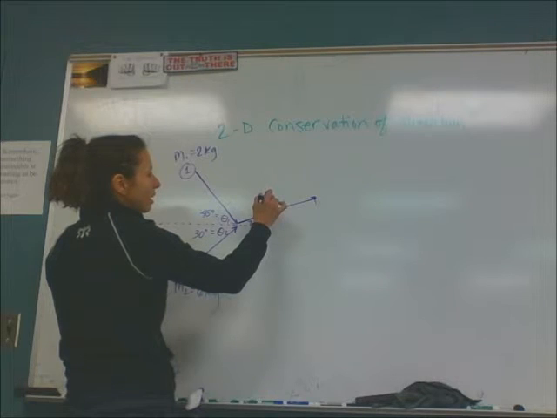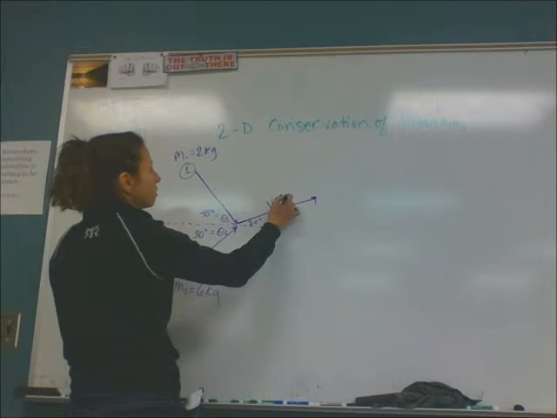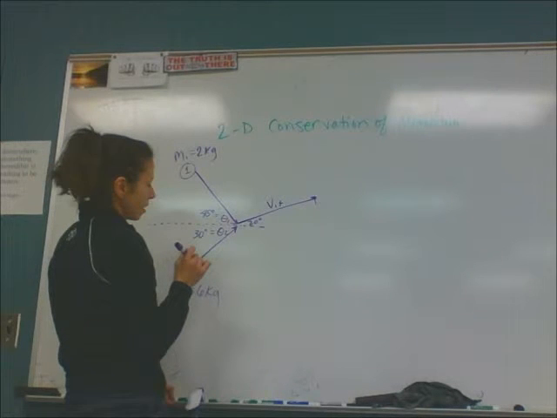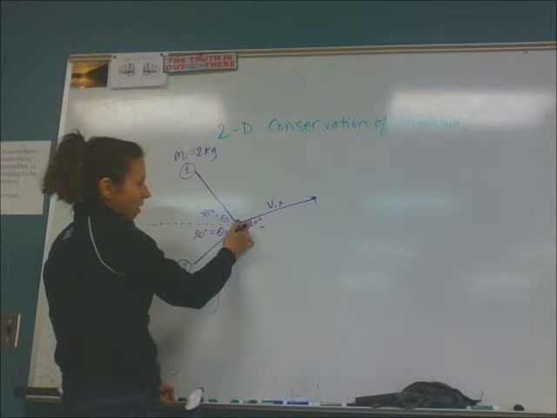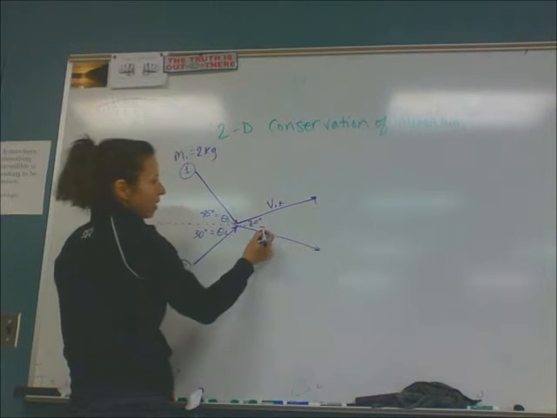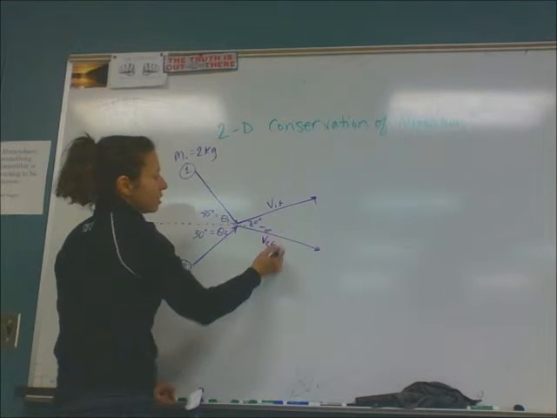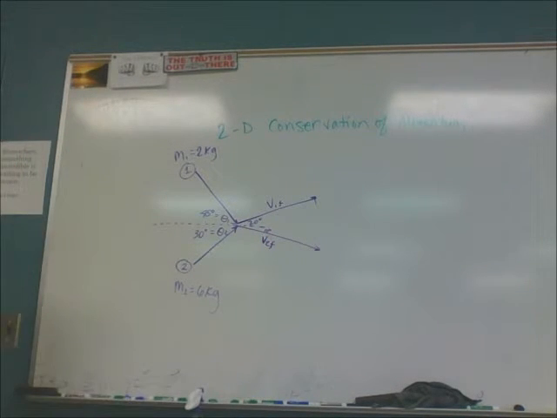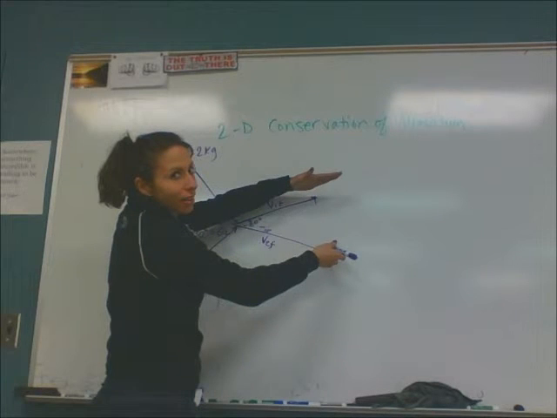And this one bounces off and actually goes this way, which is an angle of 10 degrees, with some final velocity. Okay, so what happens is incoming, bounce off, outgoing. Now my question for you is, what are the two final velocities? What is v1f and what is v2f? What are the magnitudes of those two things?